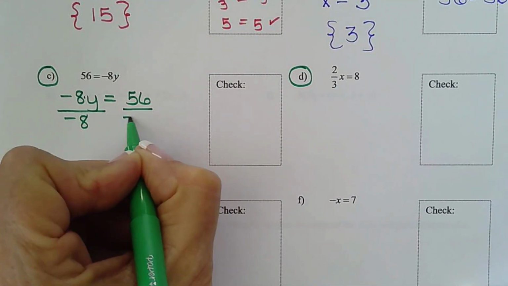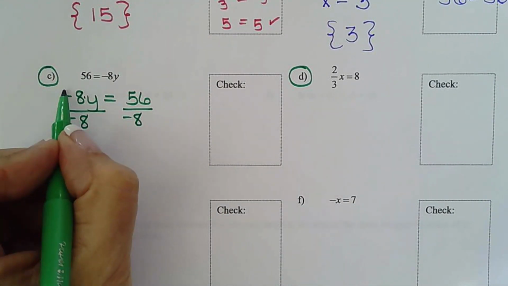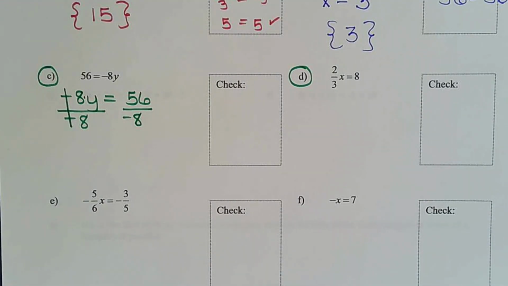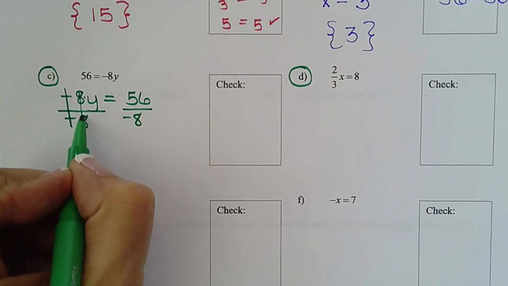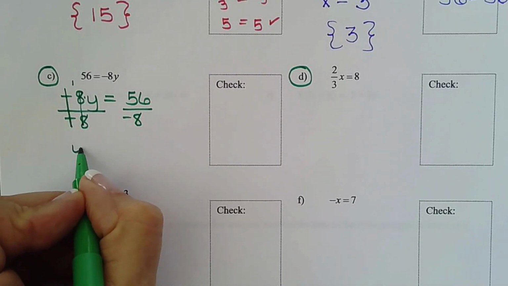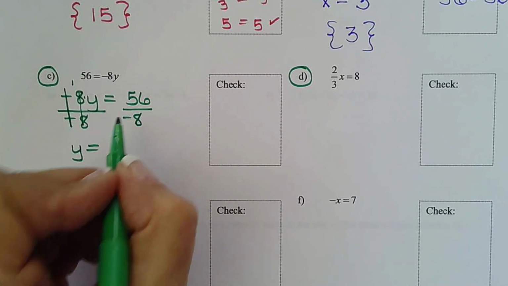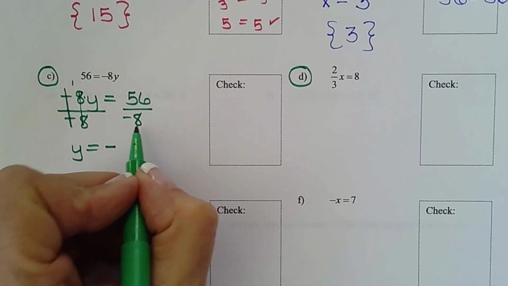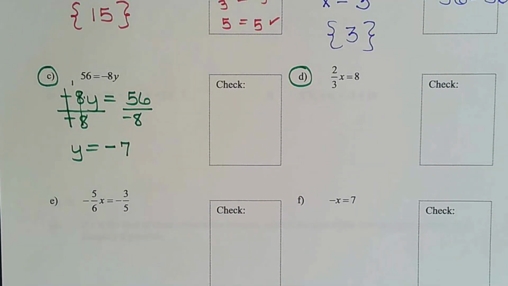So divide both sides by -8. 2 negatives make a positive. The minute I see 2 negatives, I immediately make a positive because I see how many errors students make when they don't do that. And 8 divided by 8 is 1. So we get y equals 1 negative answer. 56 divided by 8 is 7.